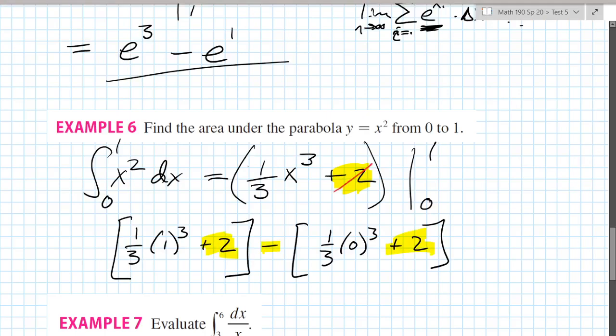This number could have been a c, right? Since we can use any antiderivative, we always pick the one where c is 0, just because you don't want to make the mistake of messing this up. So this part right here is always going to cancel out when you do F of b minus F of a. So you might as well use the specific antiderivative where c is equal to 0.